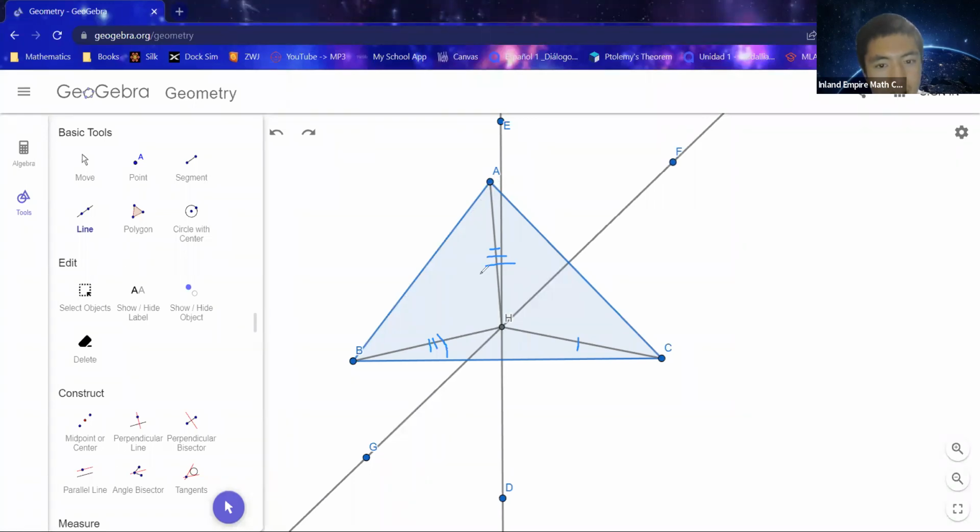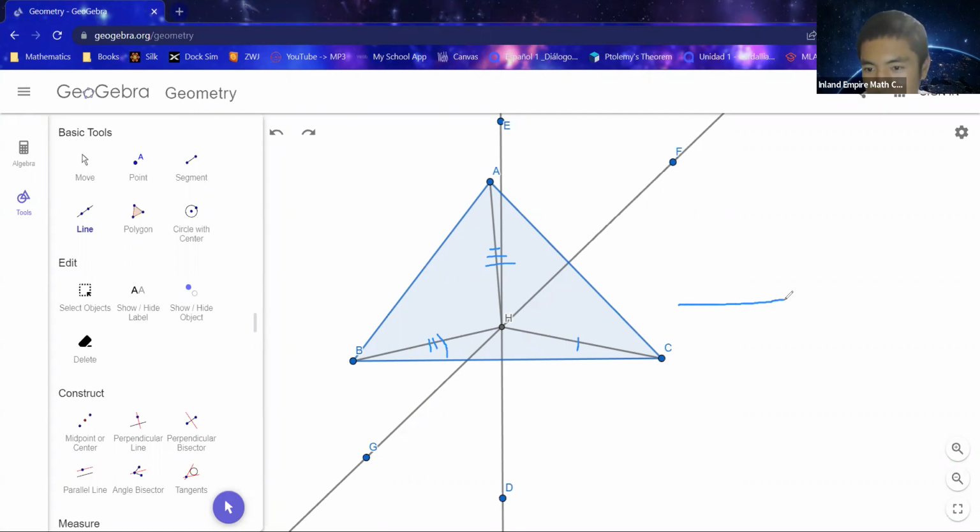We can deduce that H is on some sort of line that relates to AB. But what is it? Guys, remember the result we just proved?